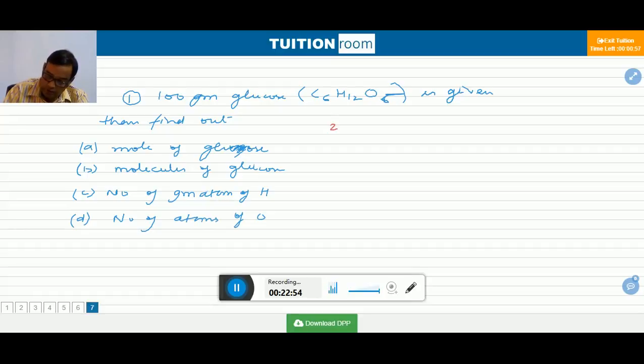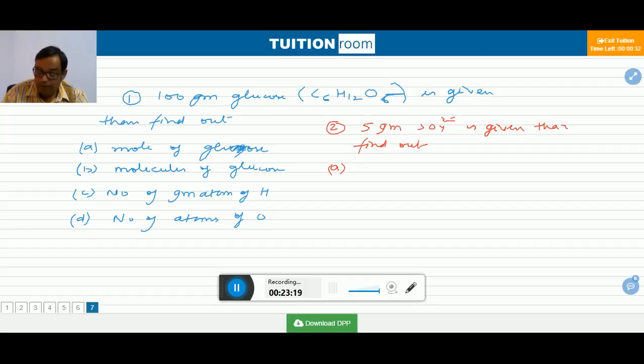Now second question. 5 gram sulfate 2 minus is given. Then find out A part, gram ion of sulfate 2 minus.